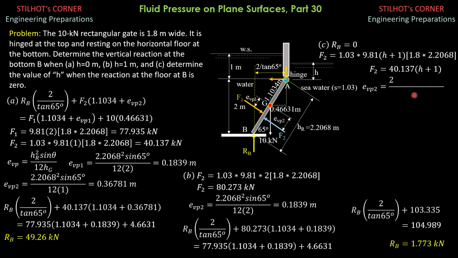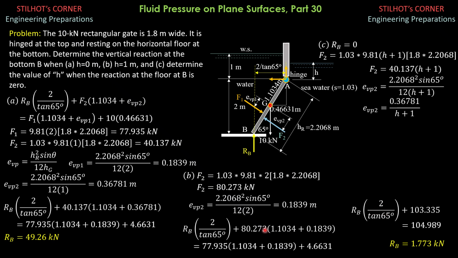EVP2 is 2.2068 squared sine 65 over 12 times quantity H plus 1. So in terms of H plus 1, EVP2 is 0.36781 over H plus 1. So substitute here, we treat RB as 0 into this formula.